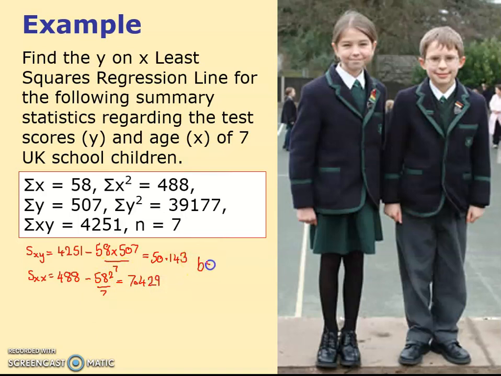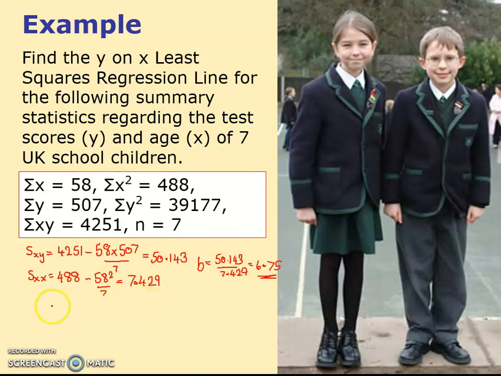Now, b, of course, is these two things divided by each other. So 50.143 divided by 7.429 is equal, according to me, to 6.75, a couple of zeros actually. So 6.75, depending on how you rounded, of course.